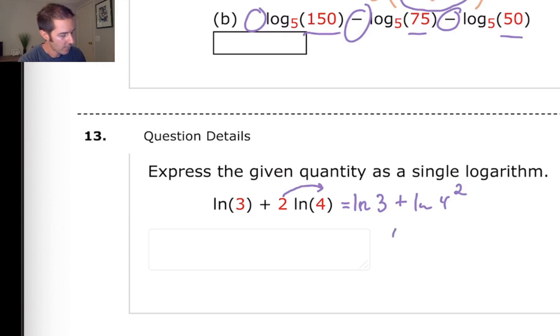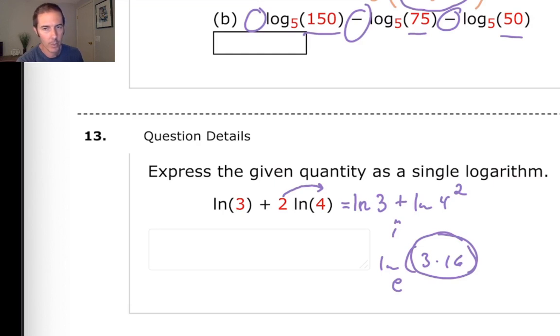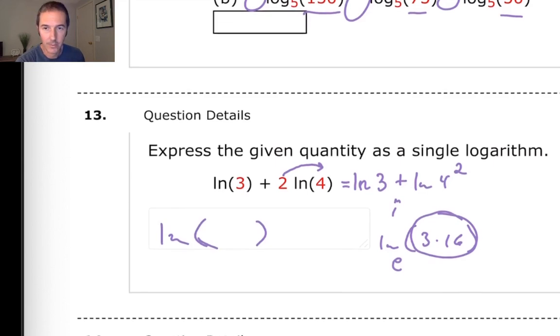And then addition is the same thing as multiplication, so you're going to have the natural log of 3 times 16. You multiply 3 by 16, and then I want you to realize that e to what power equals this number. That's not a number you want to write out. That's a decimal, it's nasty, so you're simply going to write your final answer as the natural log of whatever that argument turns out to be. That's considered an exact answer.